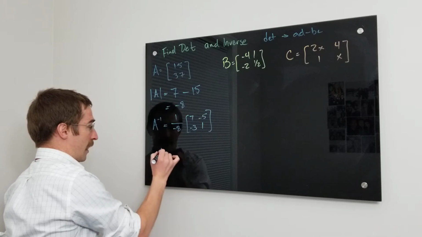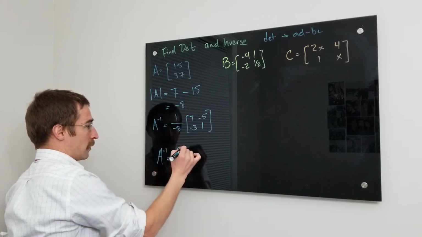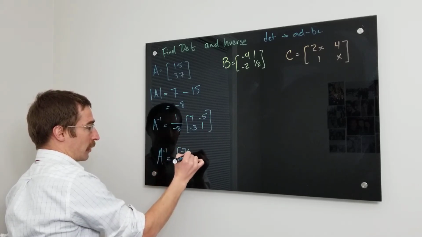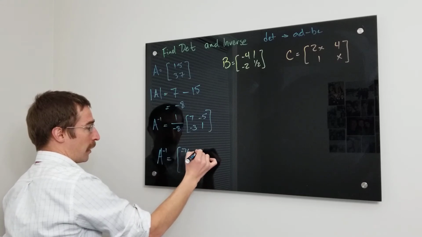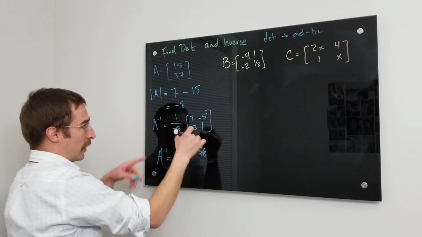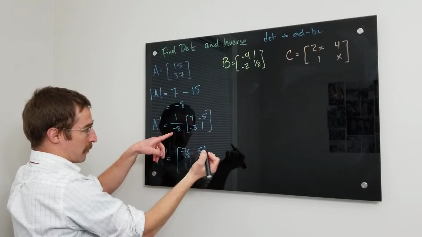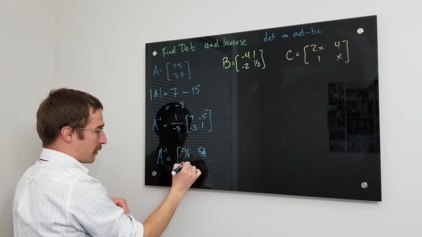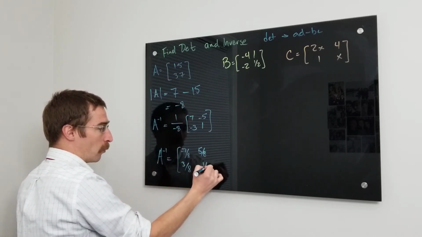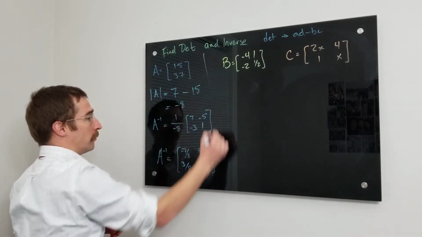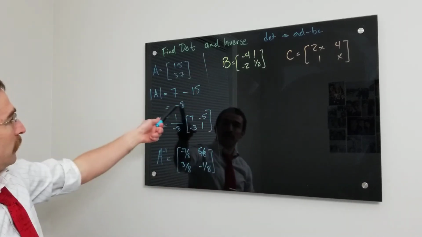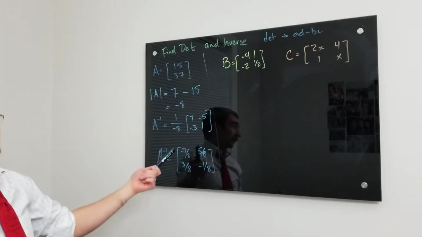So we can say A inverse equals negative 7 over 8, positive 5 over 8, because that negative becomes a positive. We get a positive 3 over 8, and then a negative 1 over 8. Boom, that's it. We found the determinant, it's negative 8. We found the inverse of the matrix.